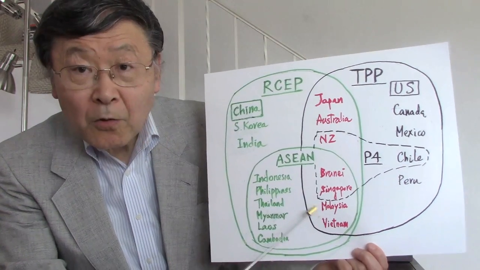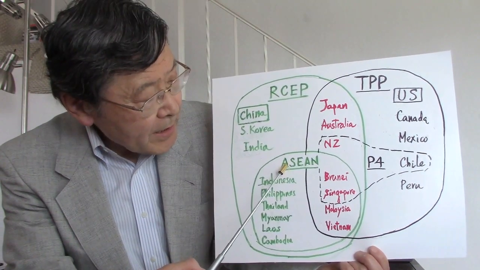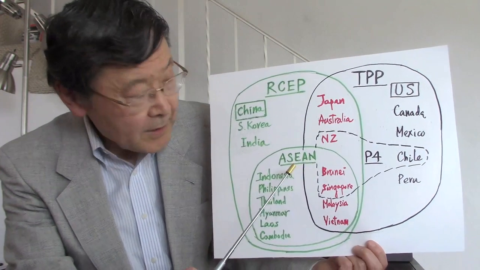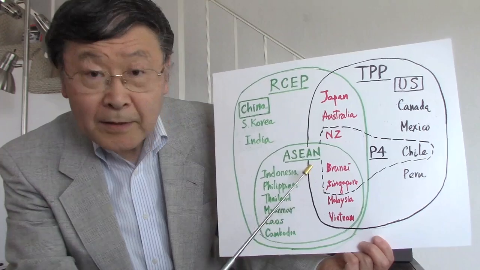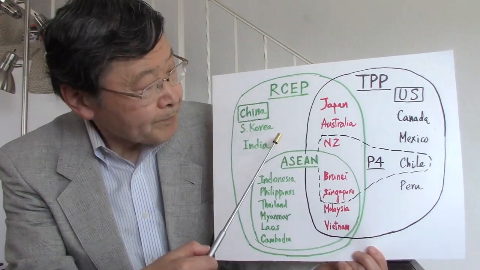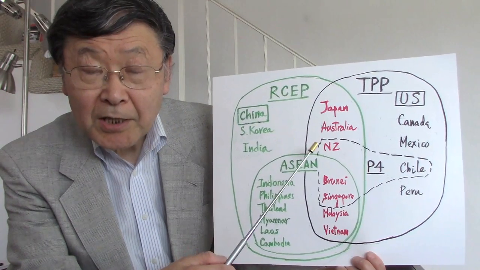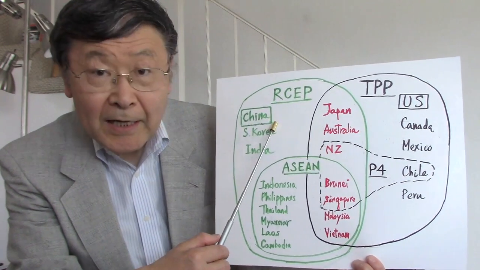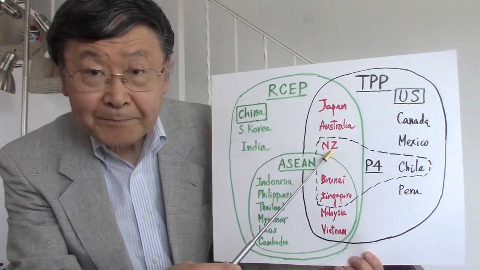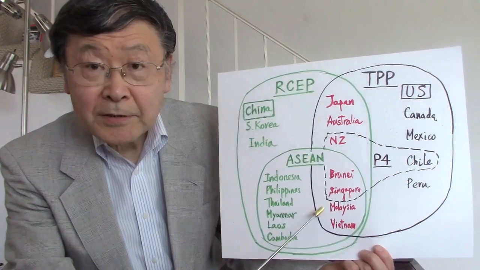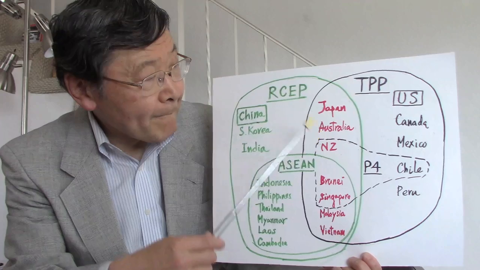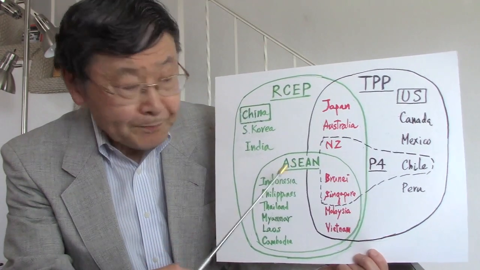This idea originated in ASEAN, the Association of Southeast Asian countries, consisting of 10 countries here. So the 10 countries plus other major Asian countries like China, South Korea, India, Japan, Australia, and New Zealand. Now these 16 nations are talking to each other to form an economic partnership.